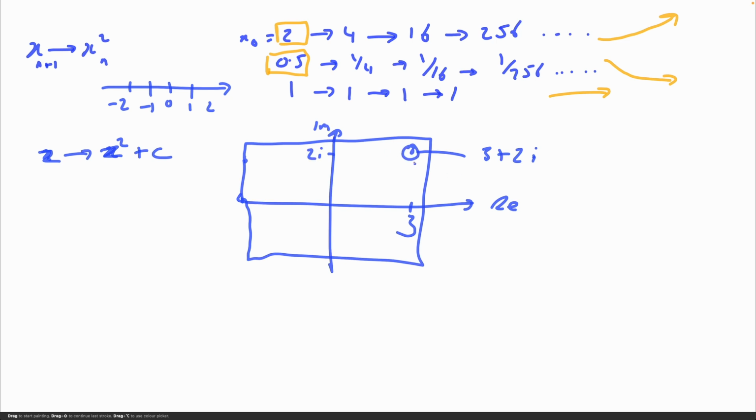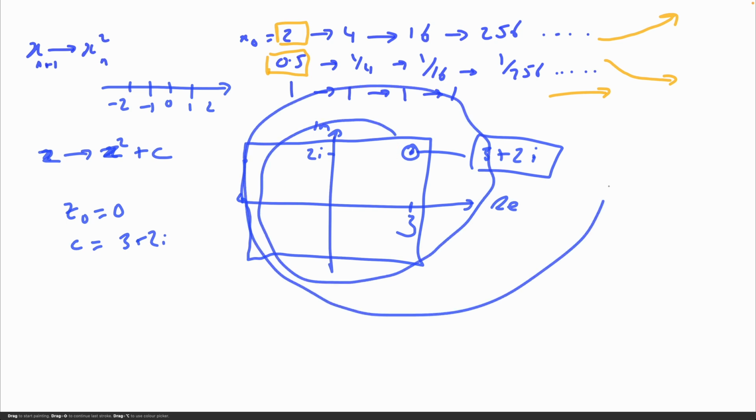And if we take that and apply z squared plus c, so if we start with z0 as 0 and c is this number that we're testing, say 3 plus 2i, and if we keep repeating it, we might find that the numbers rotate, but they might escape and get bigger and bigger in terms of their distance from the origin.